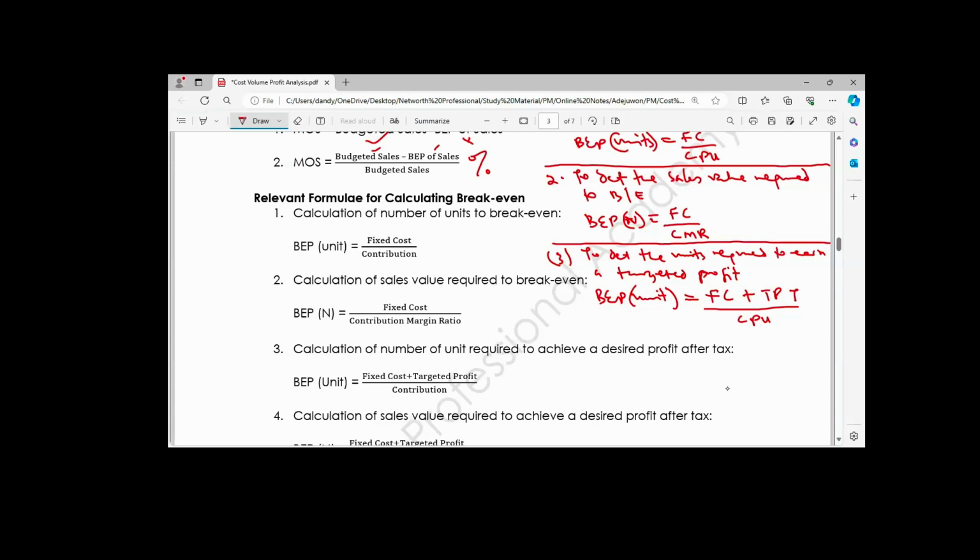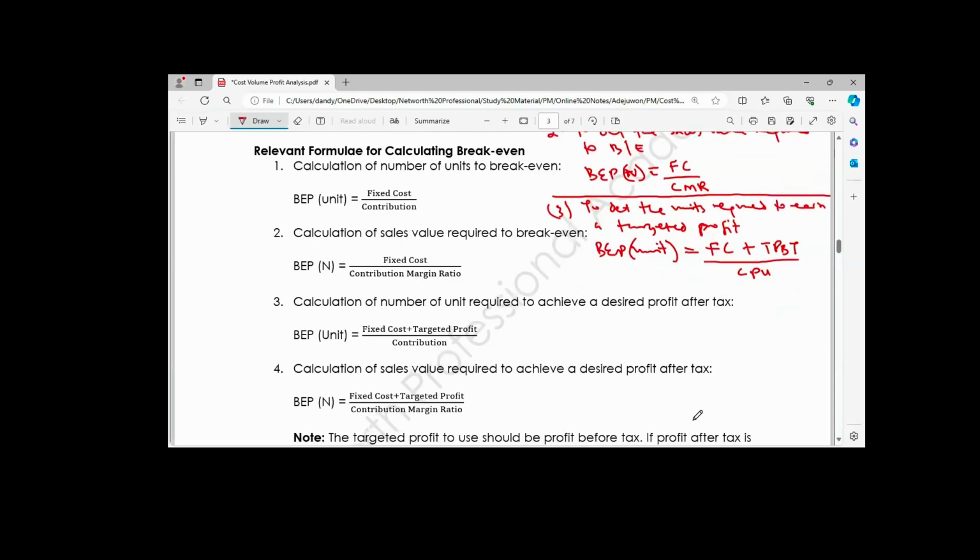The last one, number 4, it is also possible to want to determine the sales value required to achieve a predetermined profit.